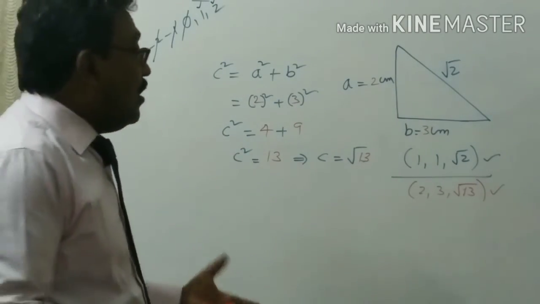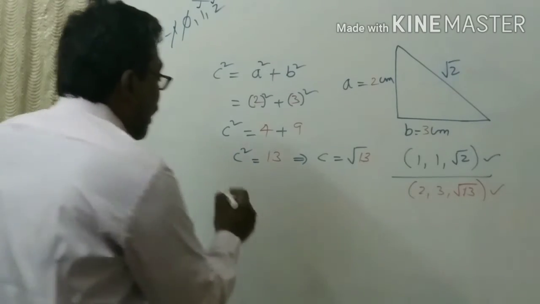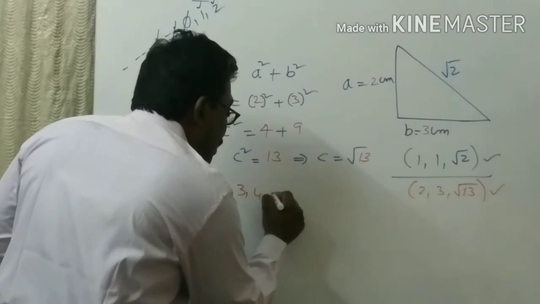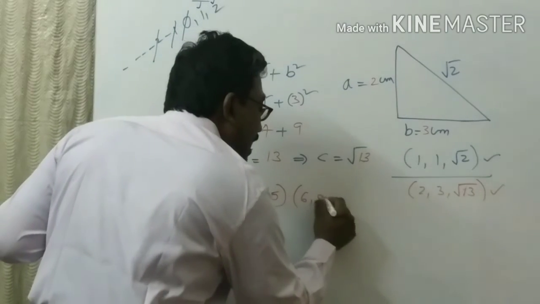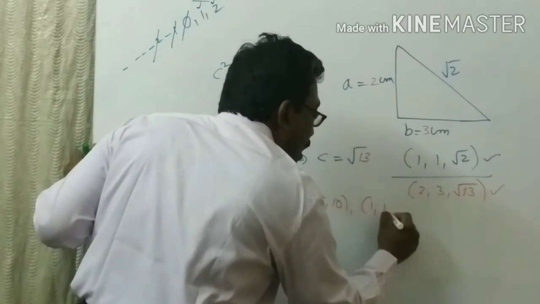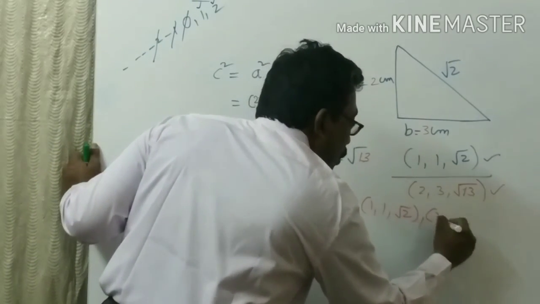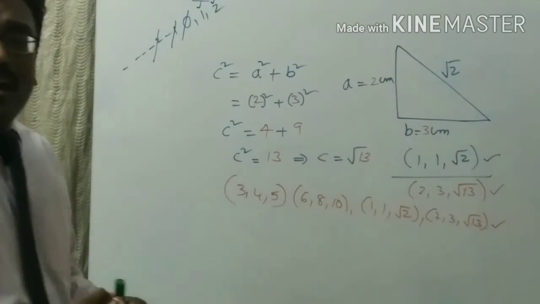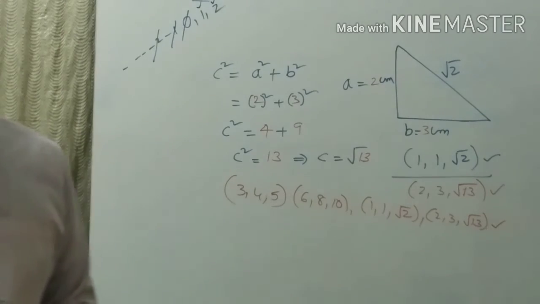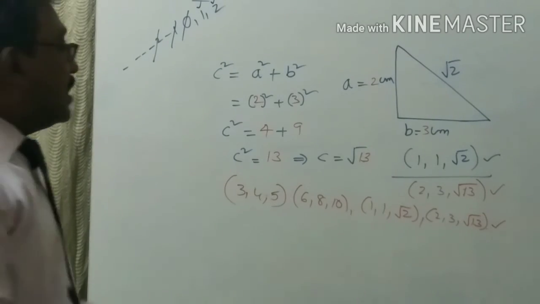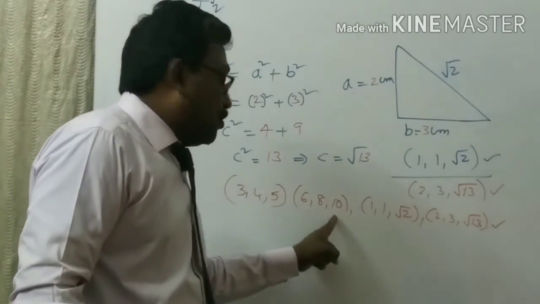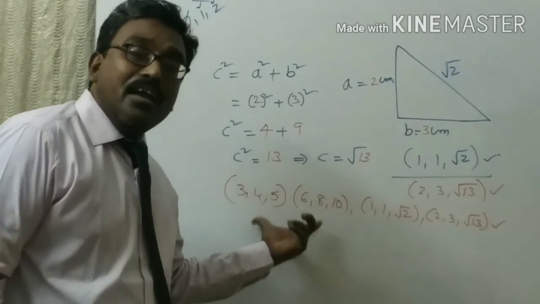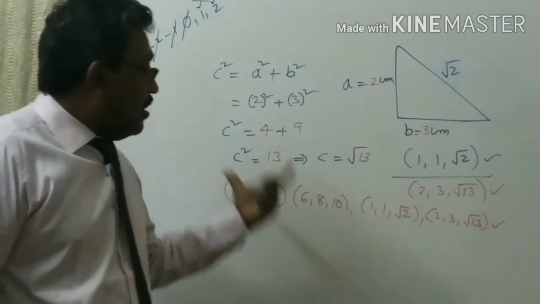So, Pythagorean triplets are like 3, 4, 5 and 6, 8, 10, or 1 comma root 2, 2 comma 3 comma root 13, and so on. We can write an infinite number of Pythagorean triplets, such that the first two, all the sides, are counting numbers or natural numbers.